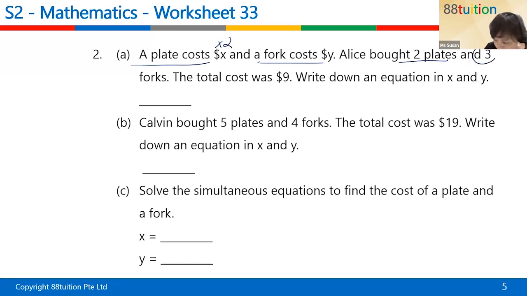And you have 3 forks here, so I must times 3. So in total it will be 2x plus 3y, and that gives you $9. Because what they want is the total for x and y.